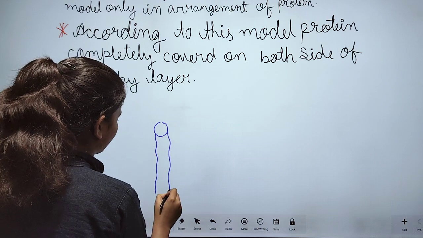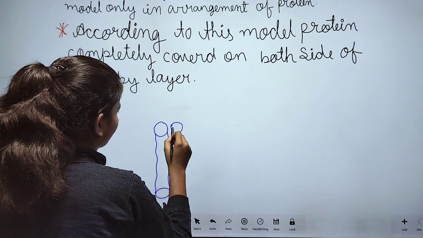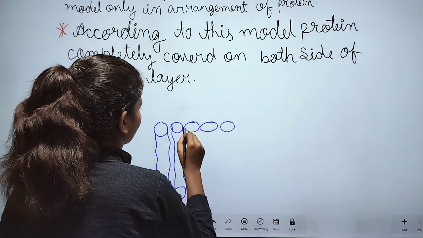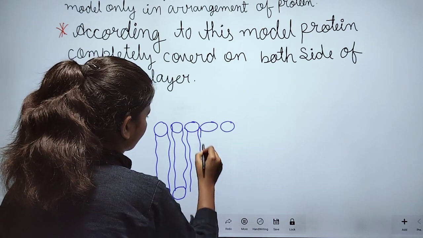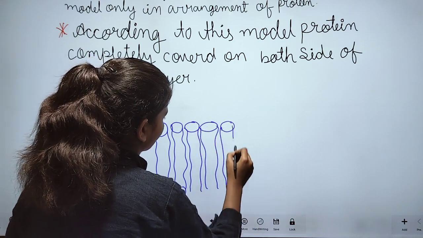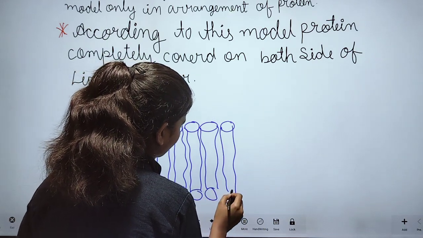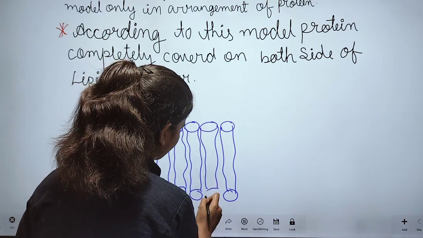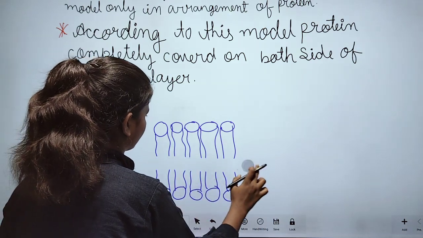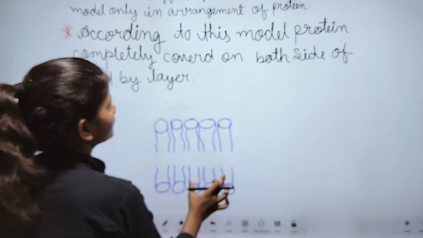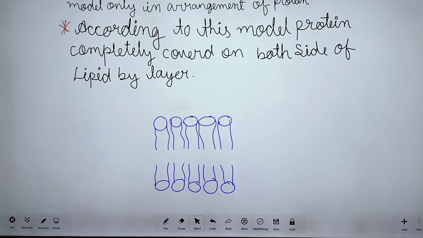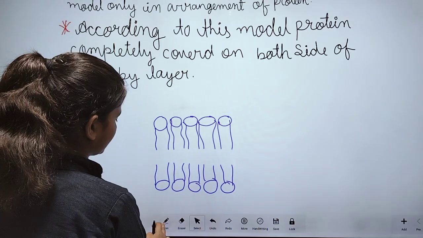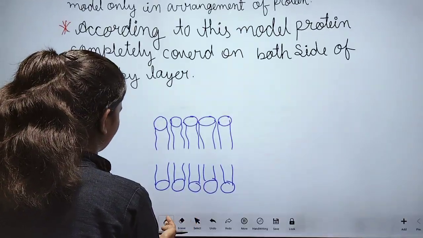This one is a figure of phospholipid, we know. Proteins are completely covered on both sides of the lipid bilayer. It means this one is protein.